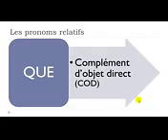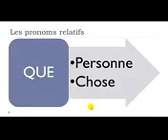Okay? And then normally we tend to write it shortly, COD. Okay? So if you see this COD written somewhere, it's just because we want to say complément d'objet direct. Okay? And then the same thing will work first with the persons, so example with persons, and then choses, things.